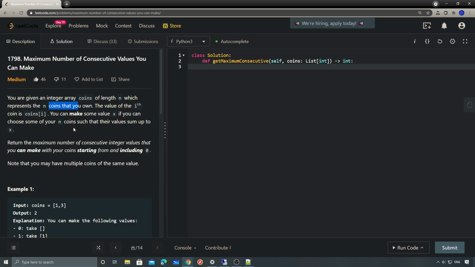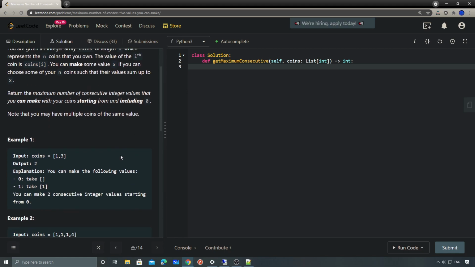Your task is to make some value x by choosing some of the coins, and we need to return the maximum number of consecutive integer values that you can make with your coins, starting from and including 0. Note that you may have multiple coins of the same value.